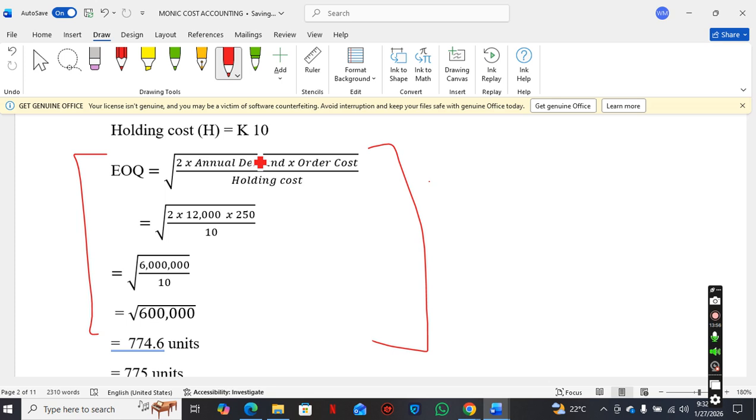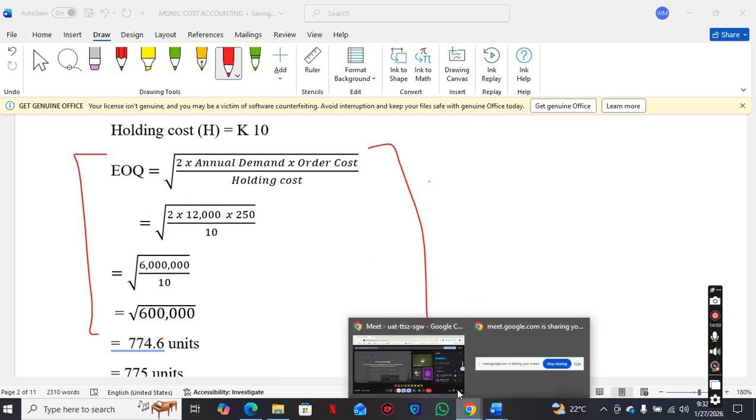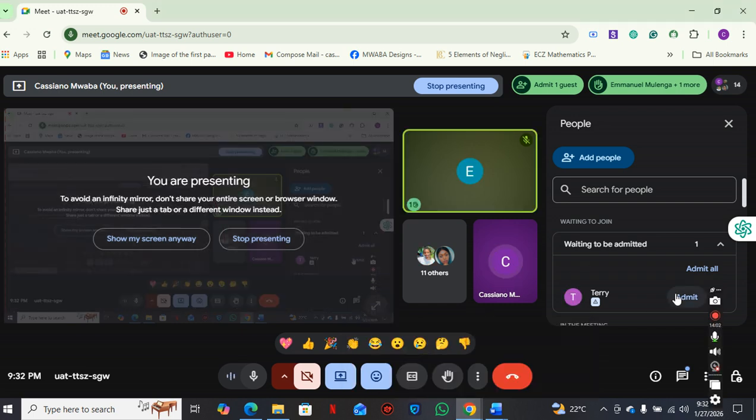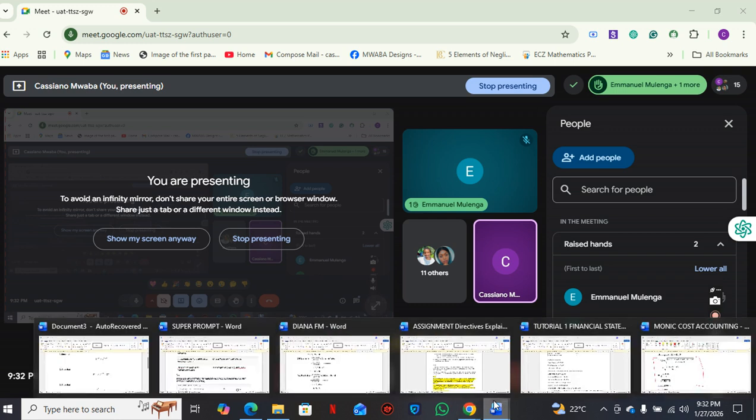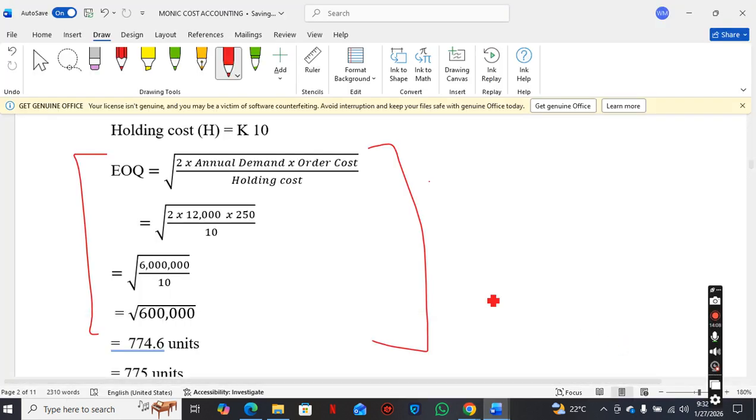Can you also include the warehouse costs for the same stock? Yes, the warehouse costs. The rent for the warehouse, the light expense, the electricity, water bills, the guards who are there.